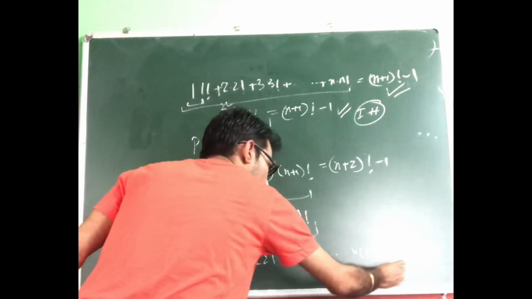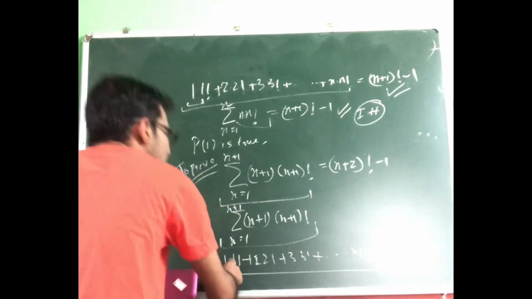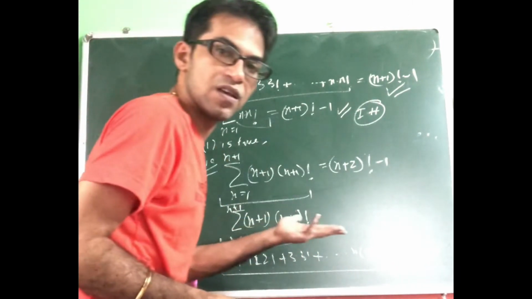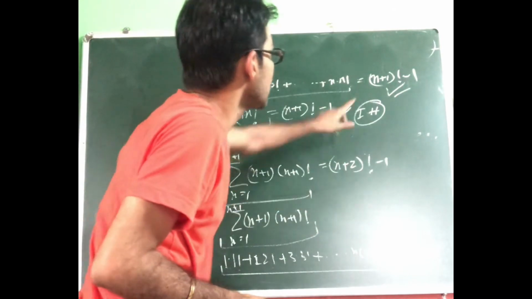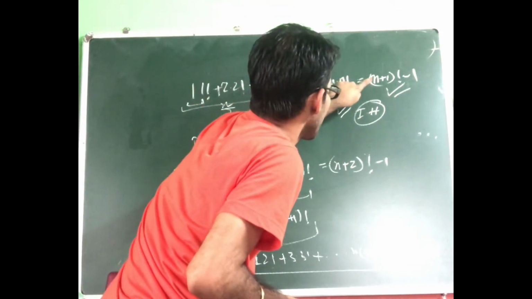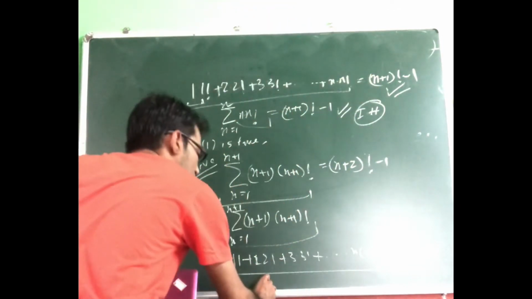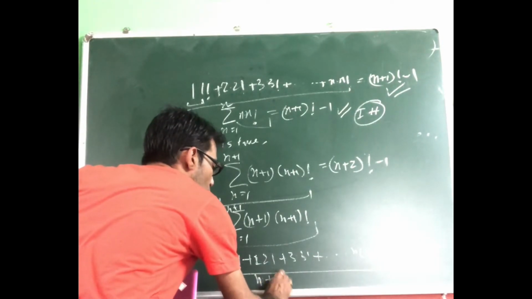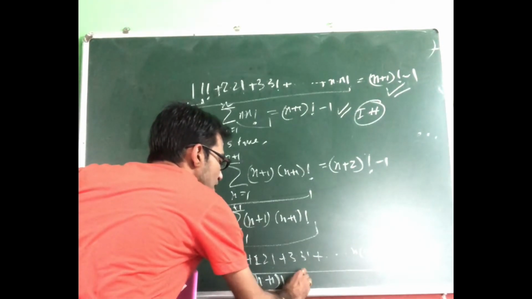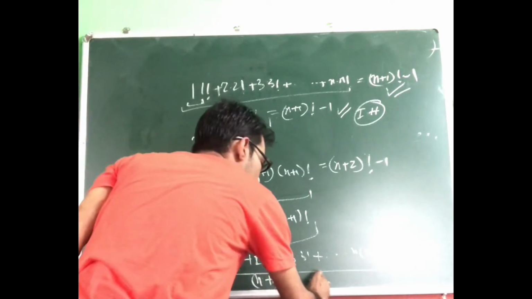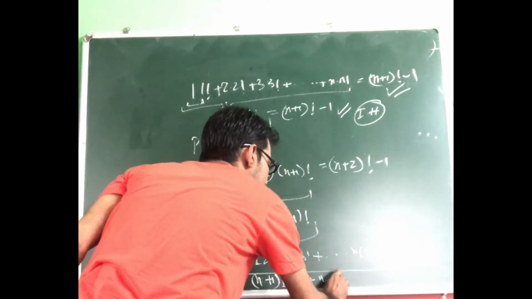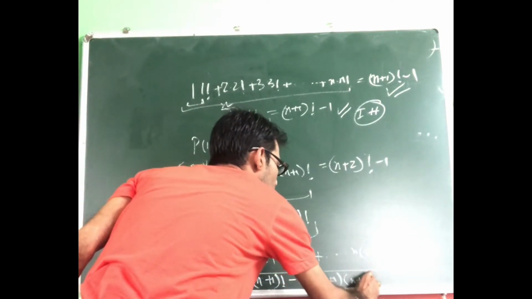But for the terms up to n, I know from the induction hypothesis that this is equal to n plus 1 factorial minus 1. So I can replace this whole thing with n plus 1 factorial minus 1, plus the extra term I have, n plus 1 into n plus 1 factorial.